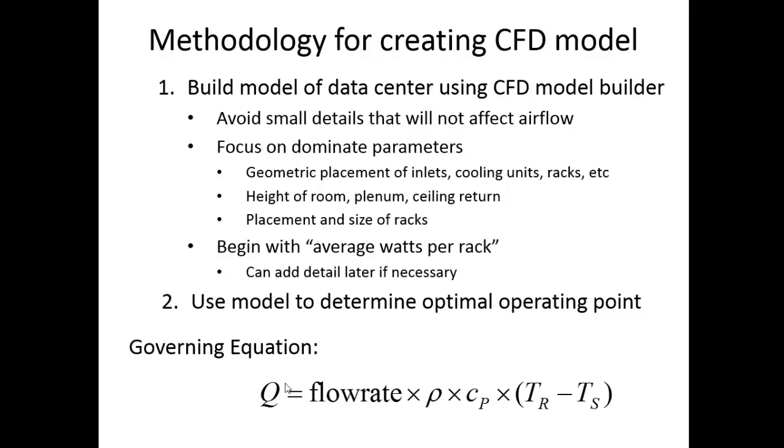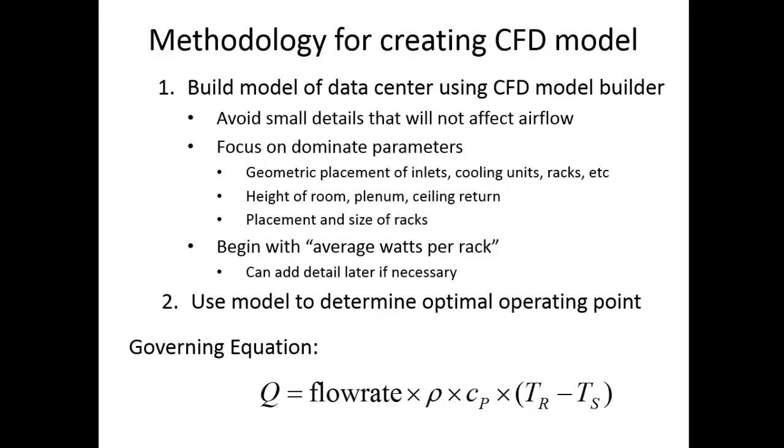The governing equation here that we use for all of this is a convective heat flow equation. We only are looking at convective heat flow in these models. The heat transfer is equal to the mass flow rate, times the density of air, in this case, times the specific heat of air, times the change in temperature, return minus supply.